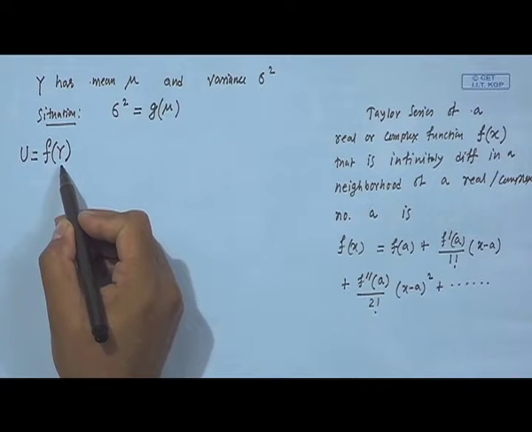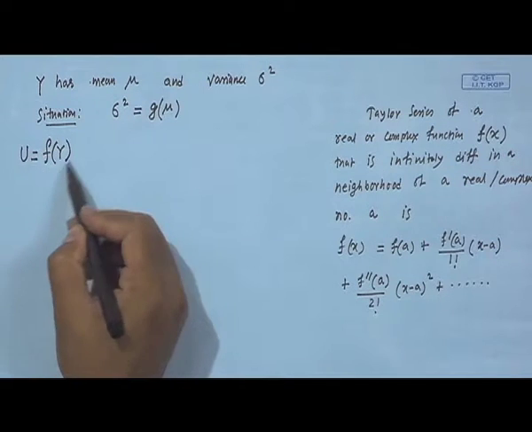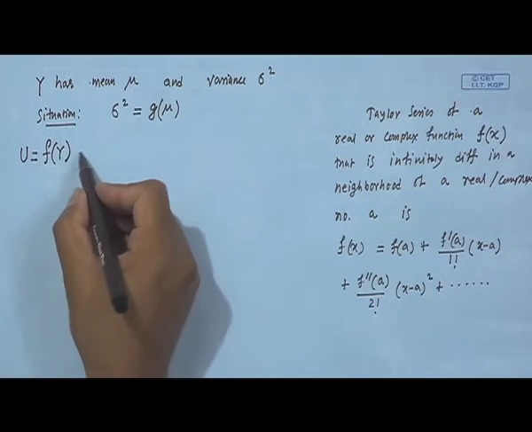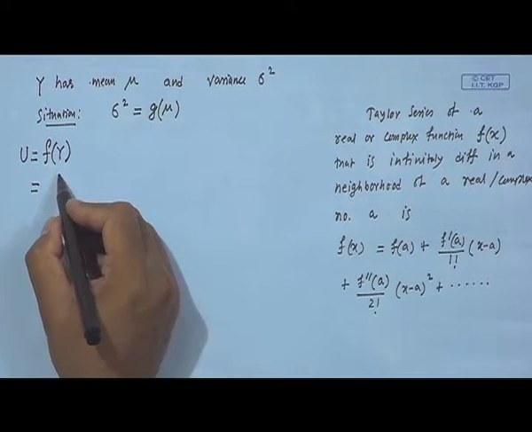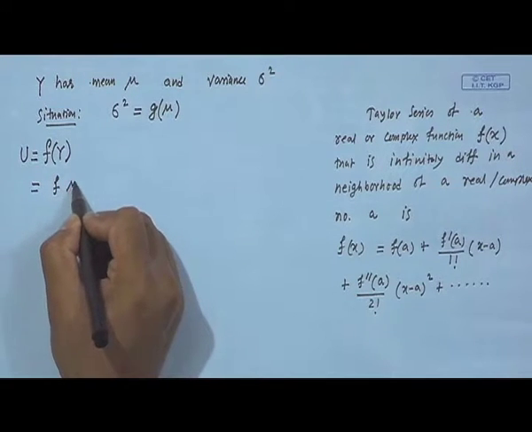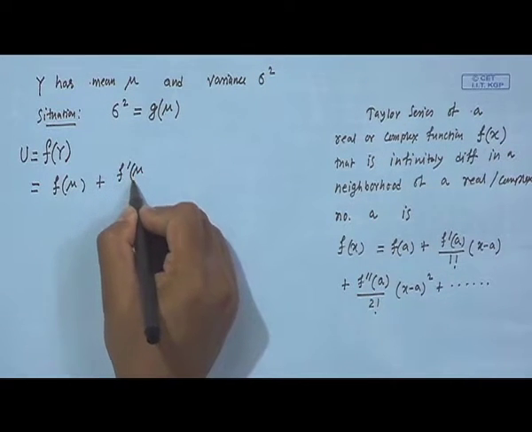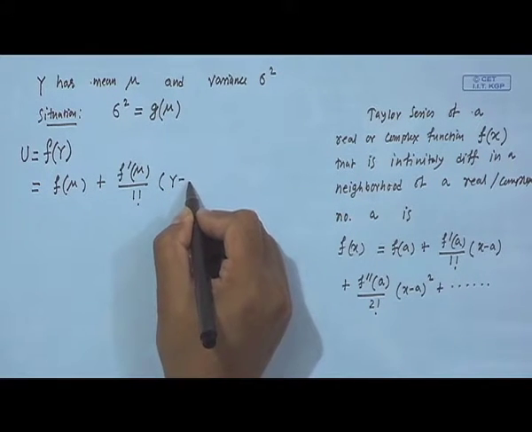So, here we are looking for a transformation f on y, and we do not have the idea about what this function is at this moment. Let me just write using the Taylor series expression: f(y) equal to f(mu) plus f prime(mu) by 1 factorial into (y minus mu).